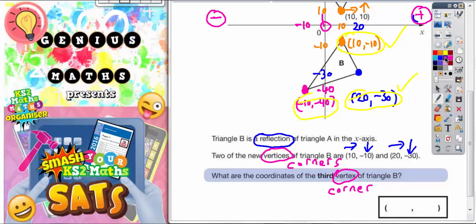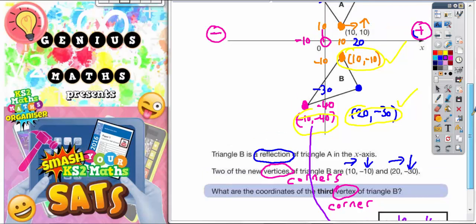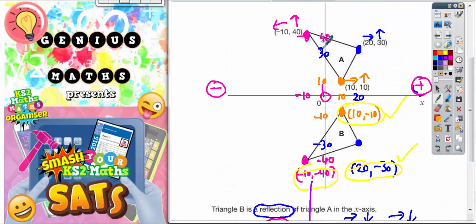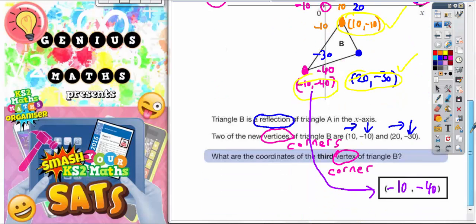So that minus 10 and the minus 40 must be the answer that goes in this box here. That's the missing third vertex of triangle B. So in my answer box I'm putting minus 10, minus 40. A difficult question, but with a little bit of clear thinking and thinking about symmetry and equal distances on either side of the x-axis, I'm sure you can pick up some marks there.